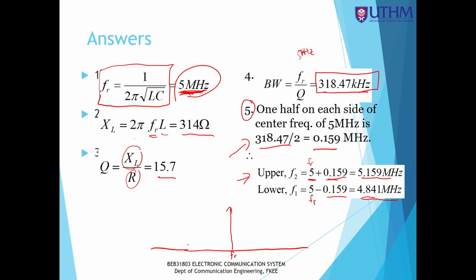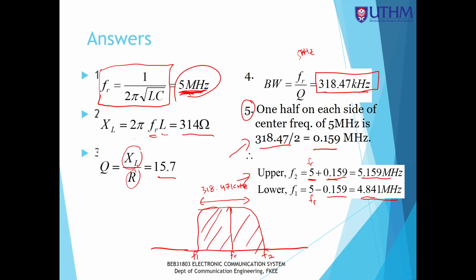And then you already found the bandwidth, which is 318.47 kilohertz. So the question asks how much is the lower cutoff F1 and the upper cutoff frequency F2.